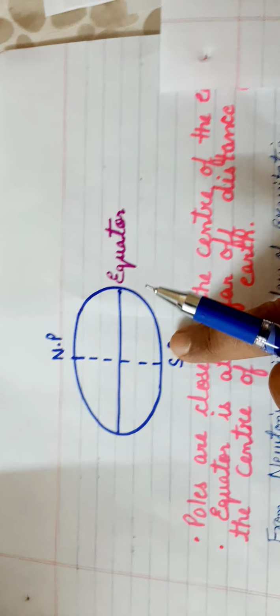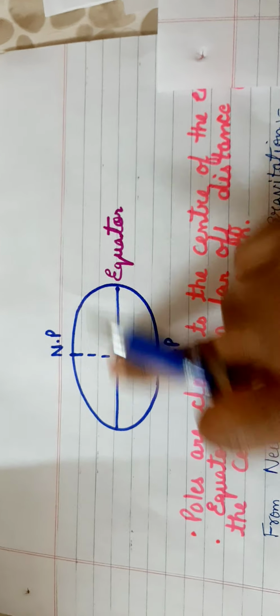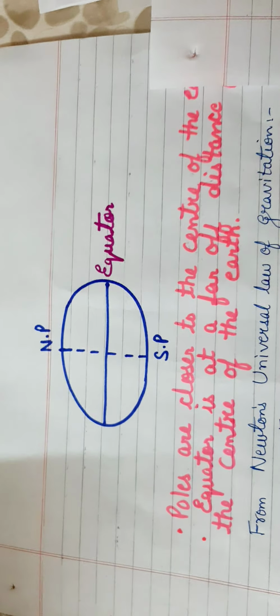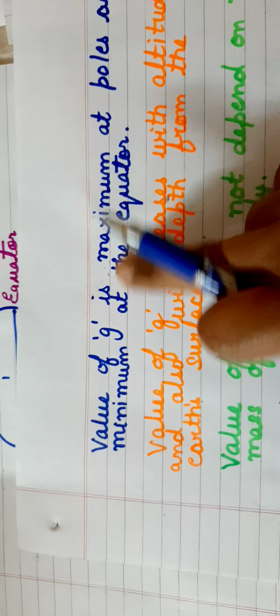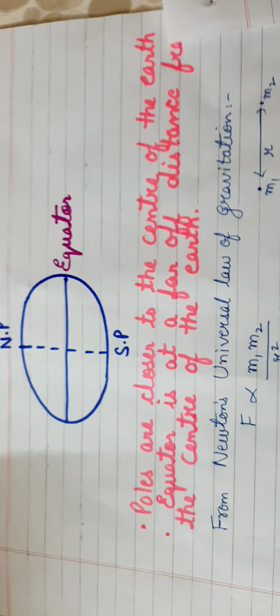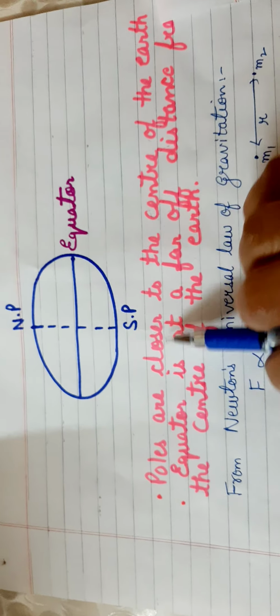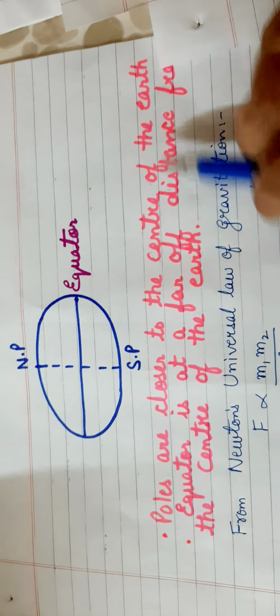They are at a shorter distance from the center of the earth than the equator. So I said that the value of g is maximum at the poles and minimum at the equator. Now let us understand why. As I told you, poles are closer to the center of the earth and the equator is far away from the center of the earth.